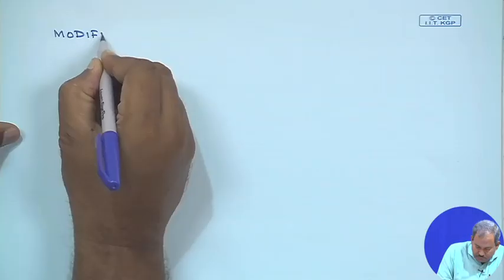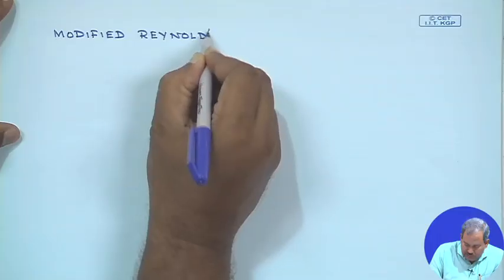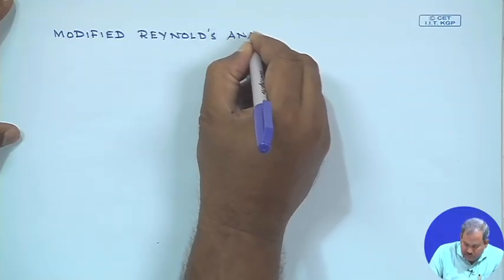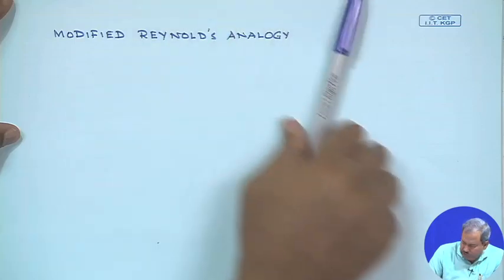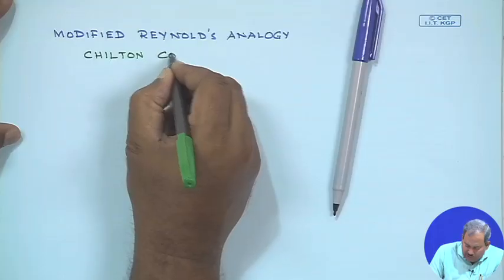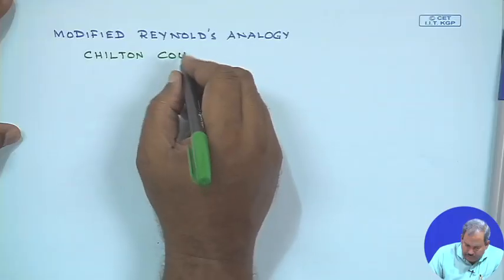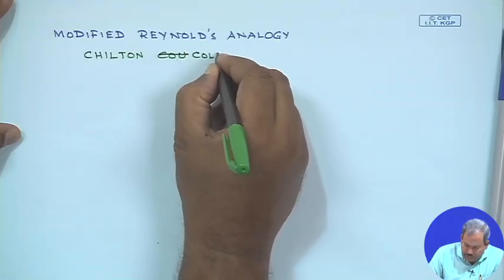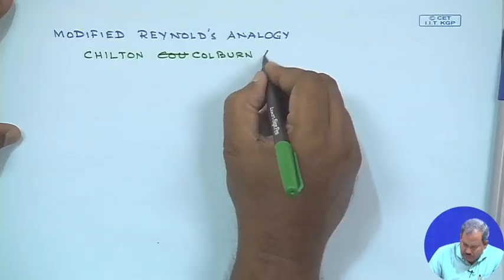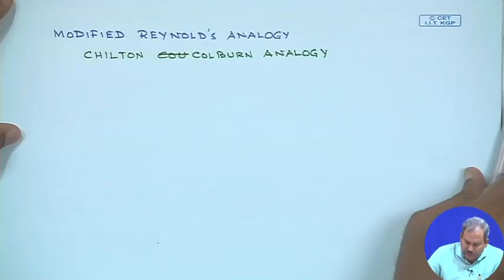So, that is what we are going to look at next, which is called the modified Reynolds analogy, also called the Chilton-Colburn analogy. Both are the same.